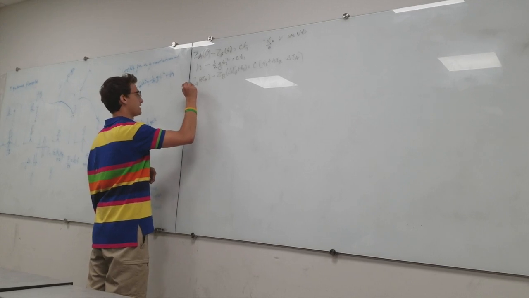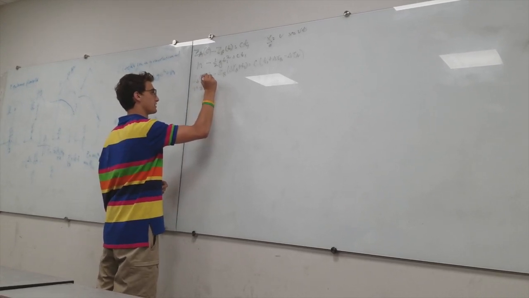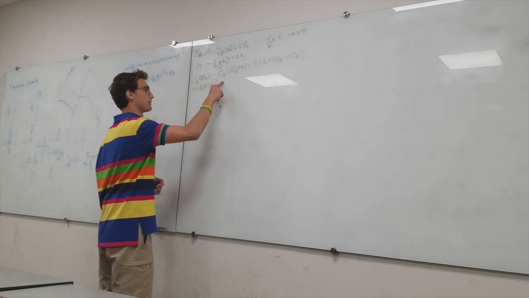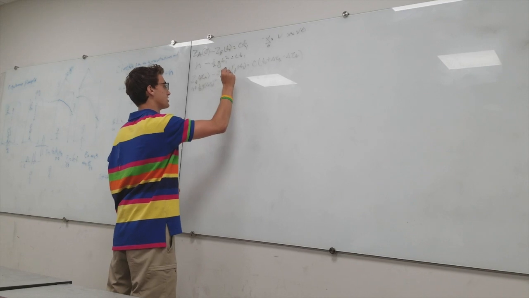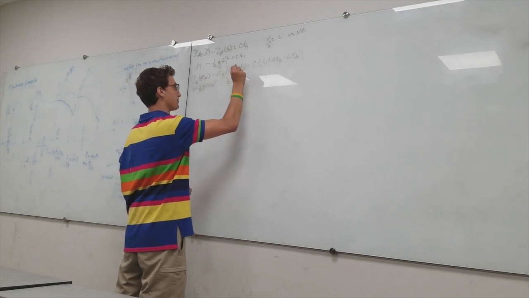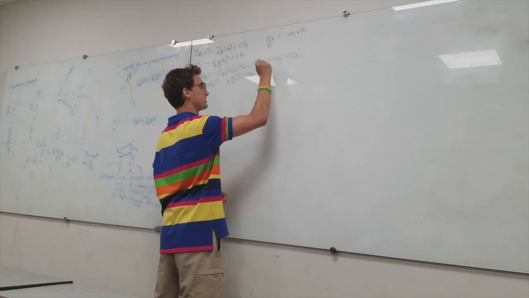Now we're going to substitute the values. It'll be like h plus 1/2 g delta ta squared minus 1/2 g times t1 plus delta tb squared equals c times that.